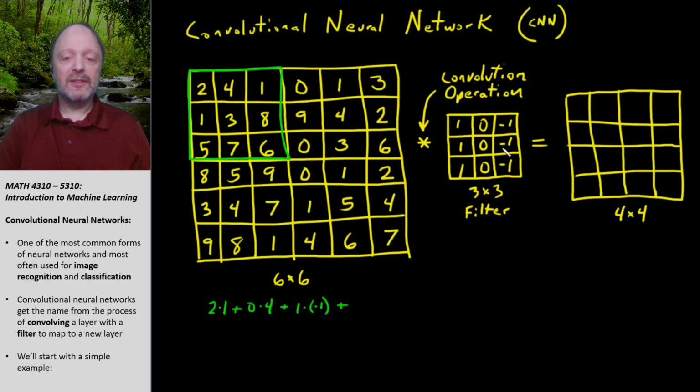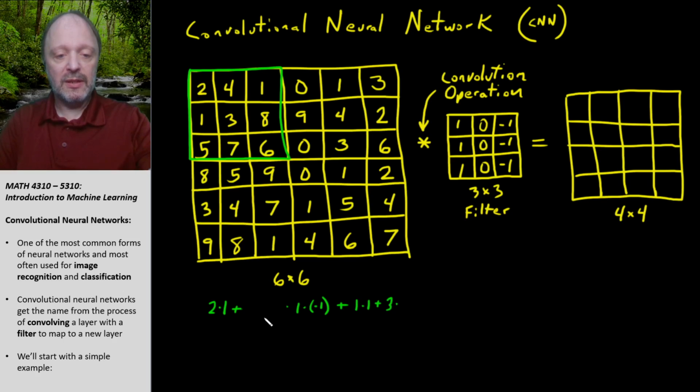And now the center row is going to be on the center row right here. So this is going to be 1 times 1 plus 3 times, oops, I think I did it backwards, didn't I? I don't know why I did the 0 times 4 there.